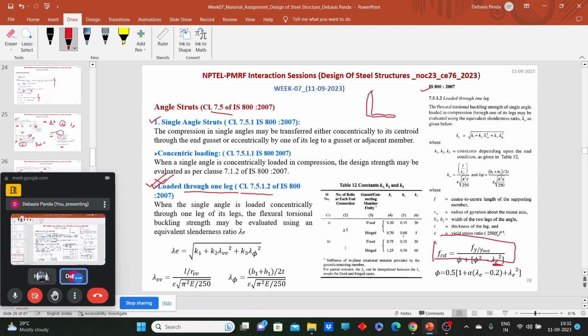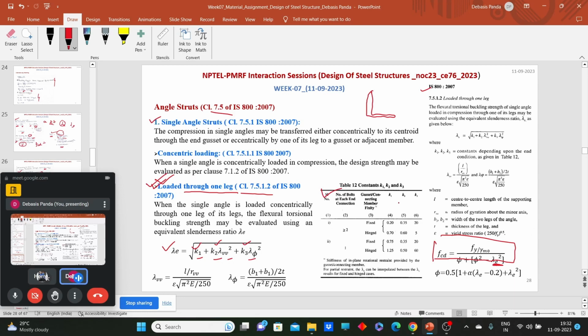The code says the lambda value should be calculated using that formula, which includes some factors k1, k2, k3, and some parameters lambda vv and lambda phi. What do k1, k2 and k3 mean? They are the factors which deal with the rigidity or fixity of this member.